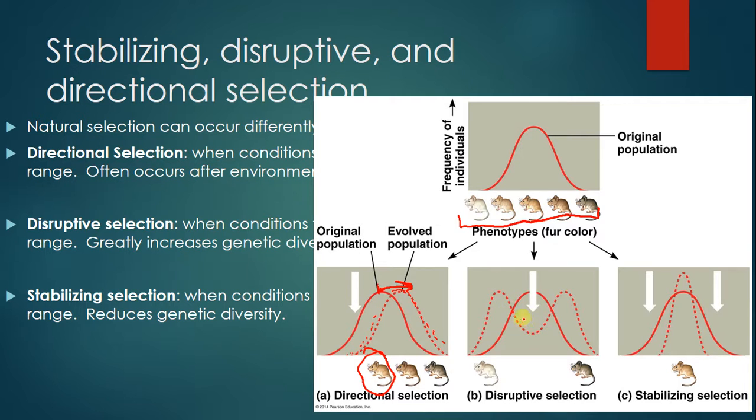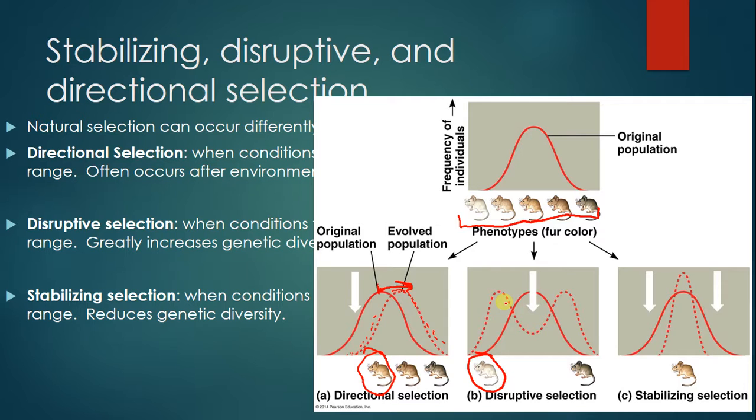But that's not the whole story. On the lighter, regular dusty brown desert sand, lighter colored mice survived better. So on that side, the lighter colored phenotypes were favored and selection was acting the opposite way.